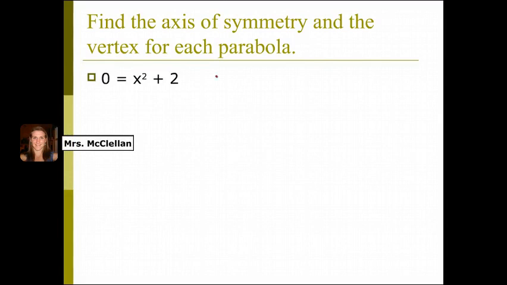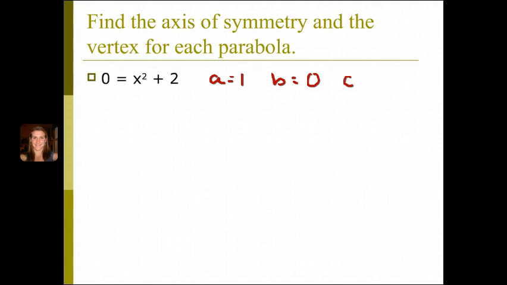In our next example, our a is 1, but if you notice, we don't have a b in this equation. So we're just going to put 0, and then c equals 2. So x equals negative b over 2 times a, so 2 times 1.